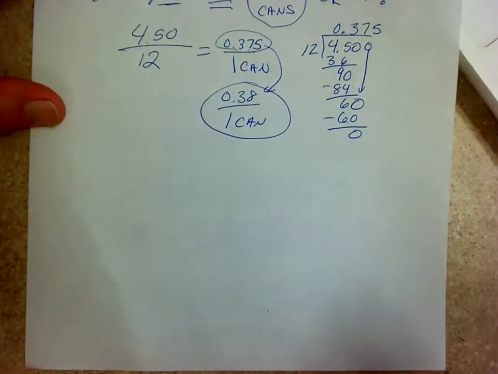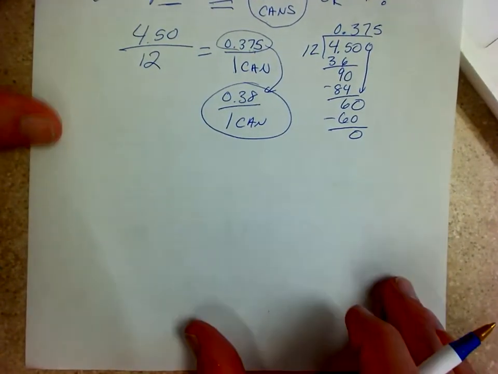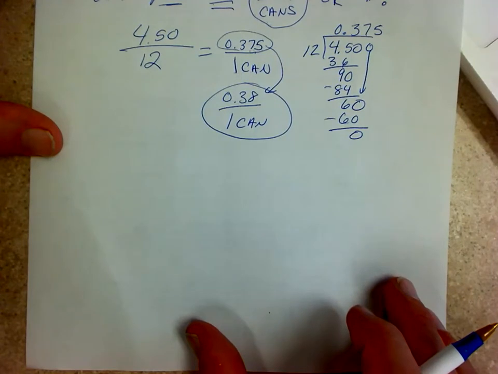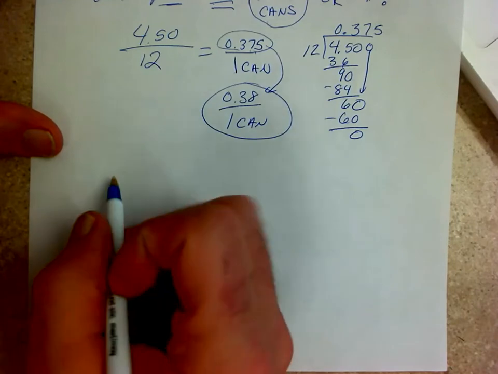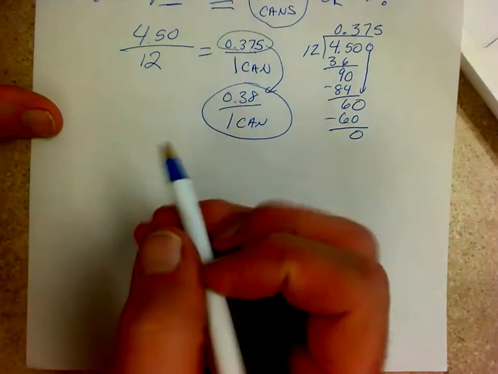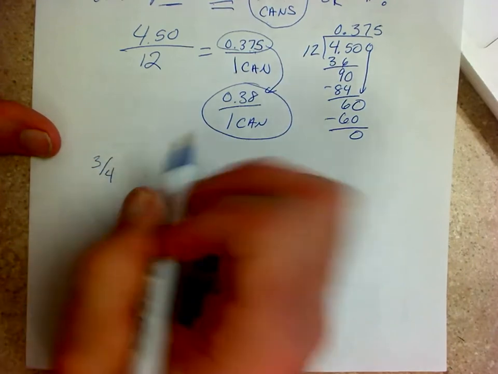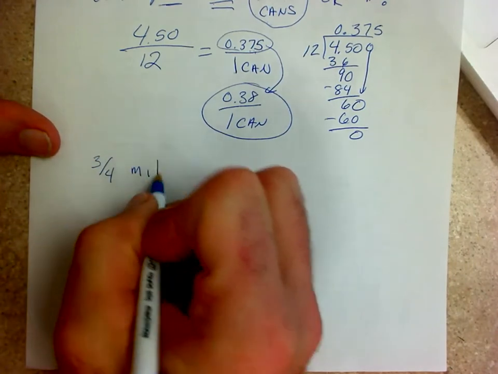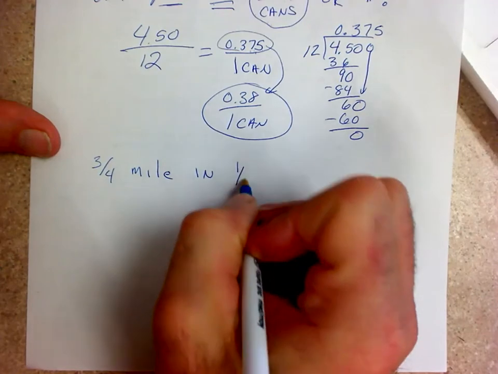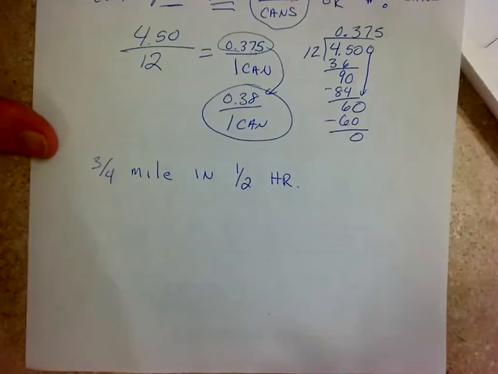Some other kinds of rates that we might see are something along the lines of: you can walk 3/4 of a mile in 1/2 hour.